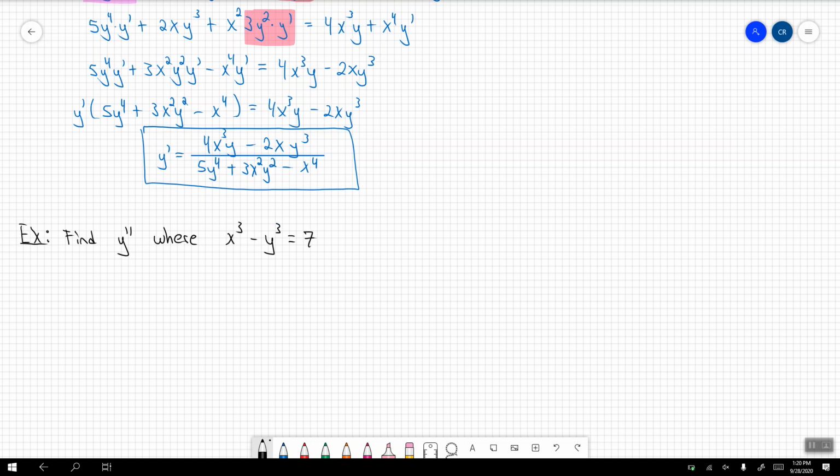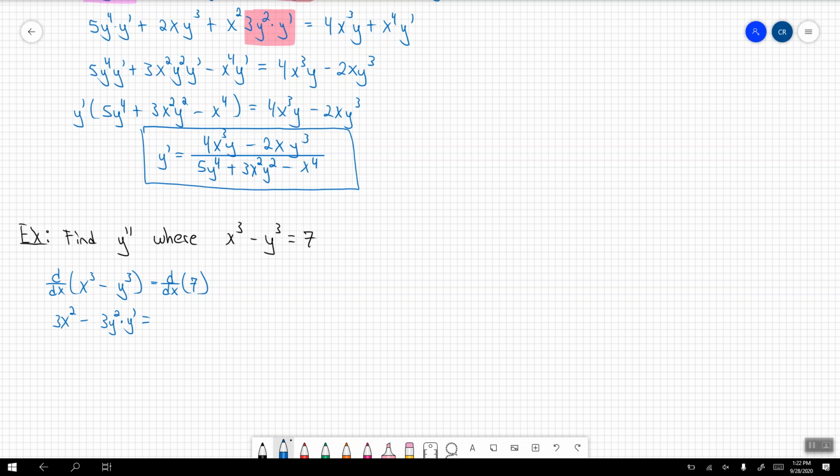That looks good. So let's go through and let's find this derivative. All right, so let's apply the derivative here. We want to find y prime first. And again, we're going to do this implicitly, finding the derivative with respect to x. What's going to happen here is on the left-hand side, we're going to be left with 3x squared minus 3y squared multiplied by y prime.